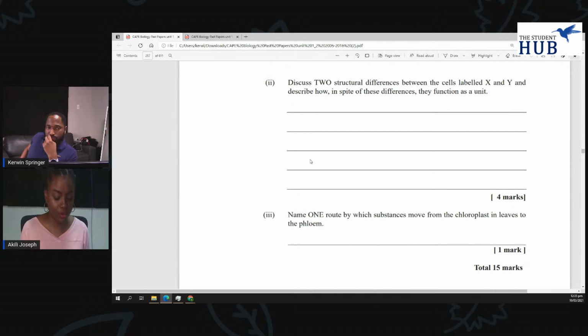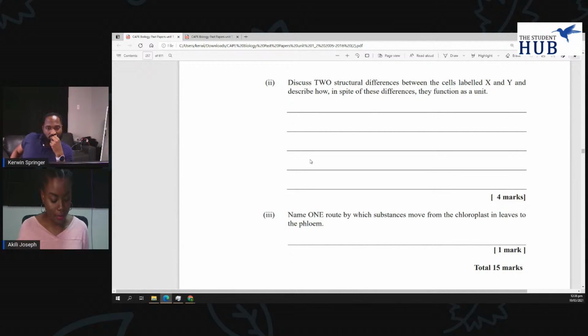It doesn't have a nucleus, it doesn't have ribosomes, it doesn't have a cytoskeleton, it has very little cytoplasm. All this is because it wants more space for the products from photosynthesis to move through these tubes, to go to the cells that need it, or to go to storage, right? So your sieve tube element's not going to have all these organelles while the companion cell has them.